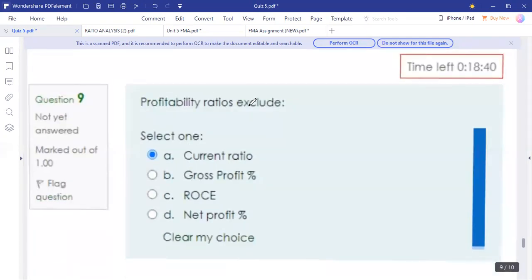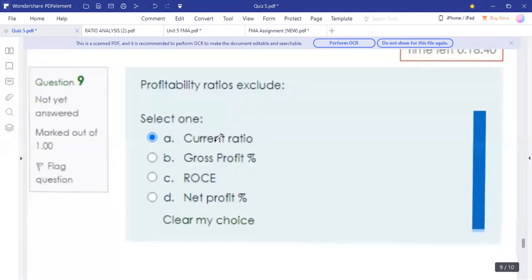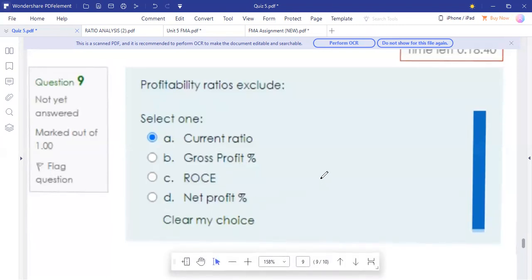And profitability ratios will exclude current ratio, gross profit ratio, return on capital employed, and net profit margin or percentage. Which one will be excluded? Correct, the current ratio is excluded.